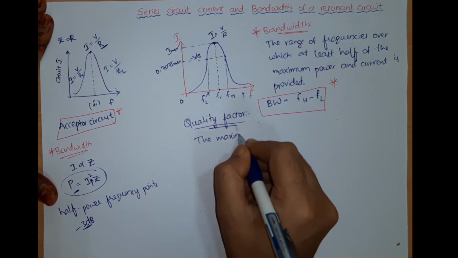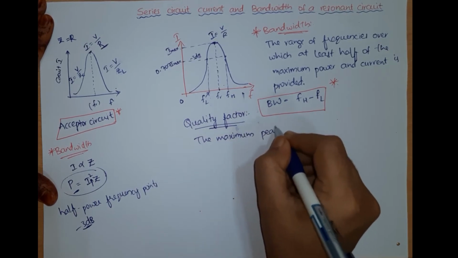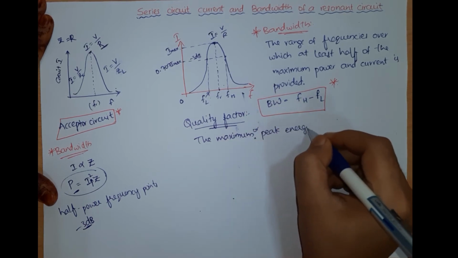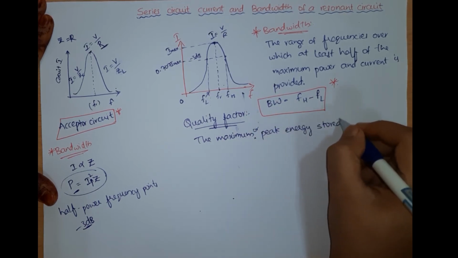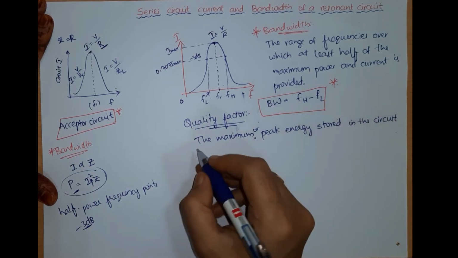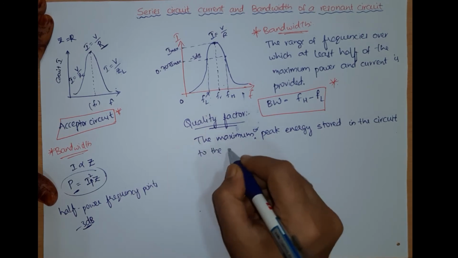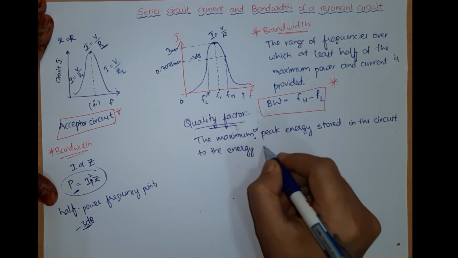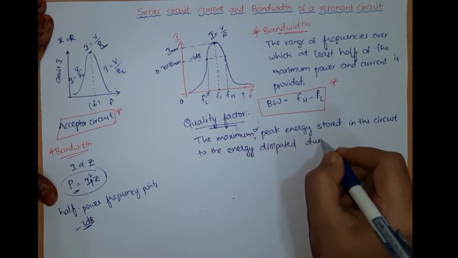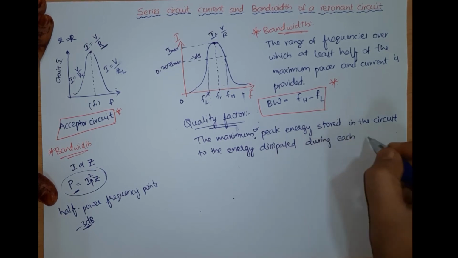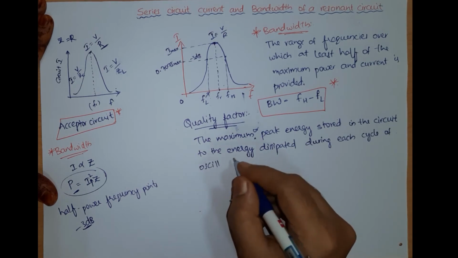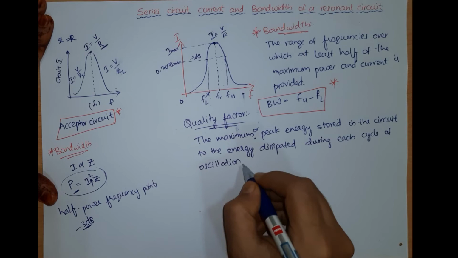The maximum, or peak, energy stored in the circuit to the energy dissipated during each cycle, right?